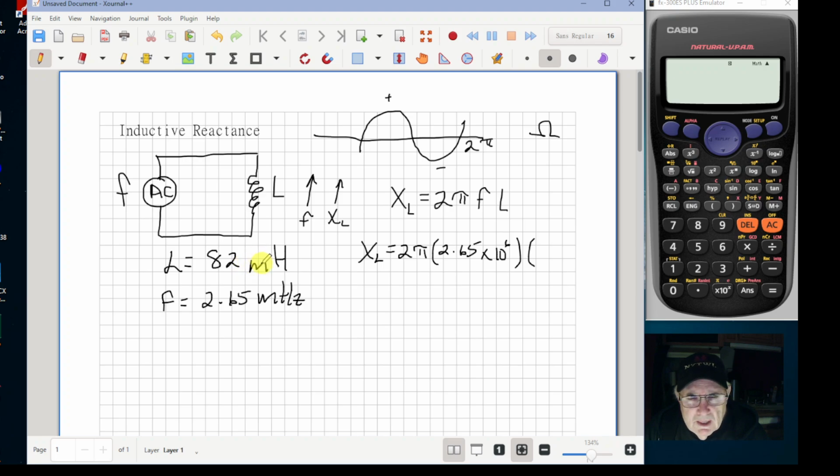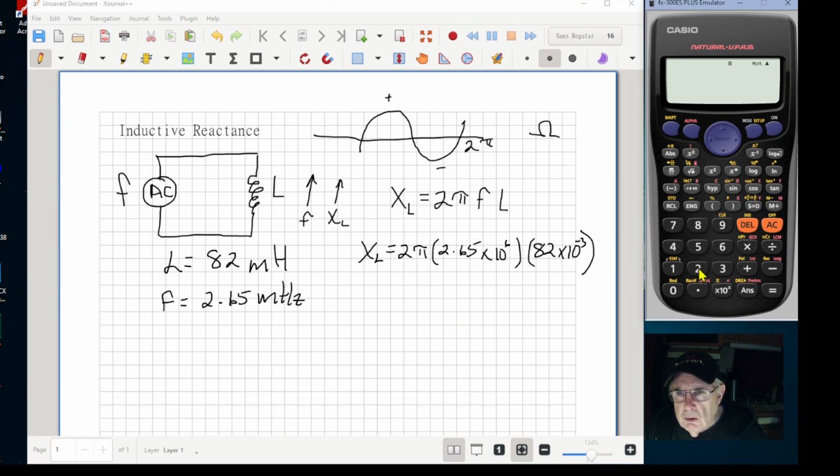Now this is milli. That's times 10 to the negative 3. So we have 82 times 10 to the negative 3. And when we do this calculation, that should tell us what the opposition is in ohms of reactance to the change here in the current flow.